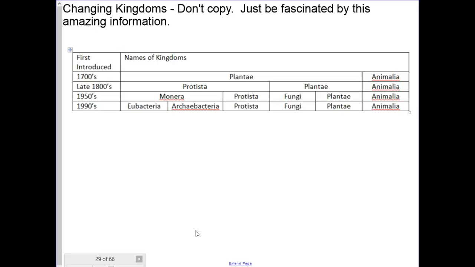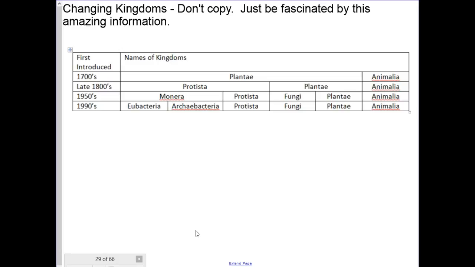It's actually easier to talk about the distinguishing features of the other five, because Protista seems to be the kingdom that organisms get put into if they don't fit the other five. You end up with a kingdom that has very unusual members. You have members that are like plants, members that are like animals, and members that are like fungi, but they don't actually fit into those three kingdoms.